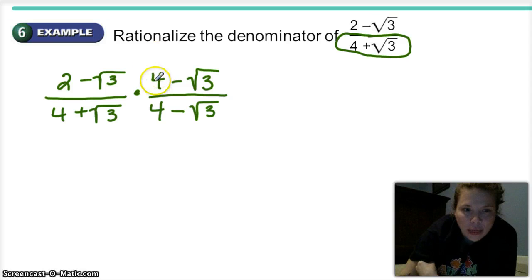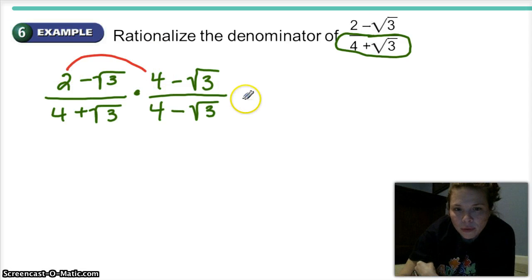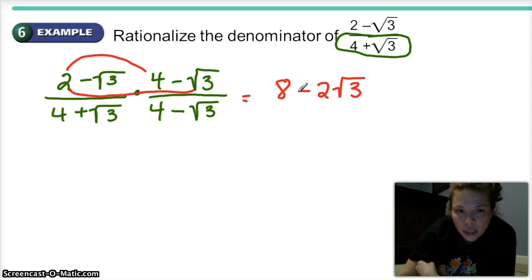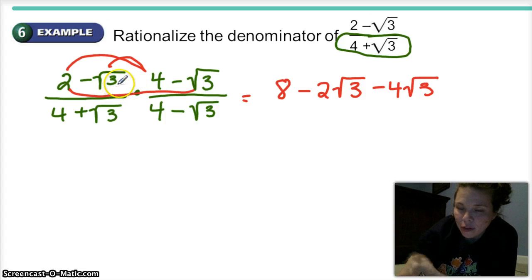Okay, so in the numerator, 2 times 4 is going to give us 8. Outside, 2 times negative root 3, so negative 2 root 3. Inside terms, negative root 3 times 4, so negative 4 root 3.